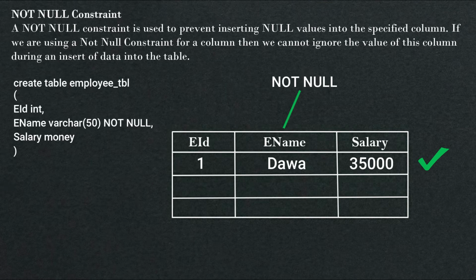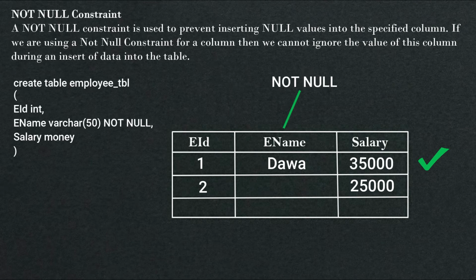And now again, if we insert a value in the second row, such as employee ID 2, and in employee name we will not insert any value right now, okay? We leave this column empty, okay? And salary 25,000. Now will this value be inserted in this table or not?